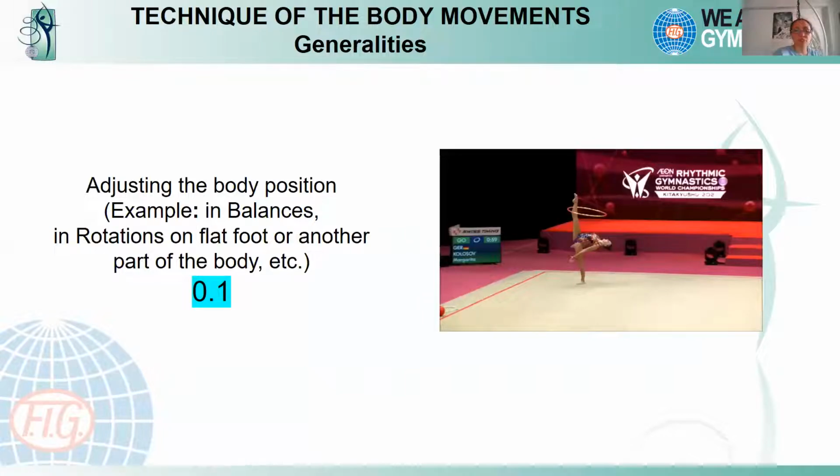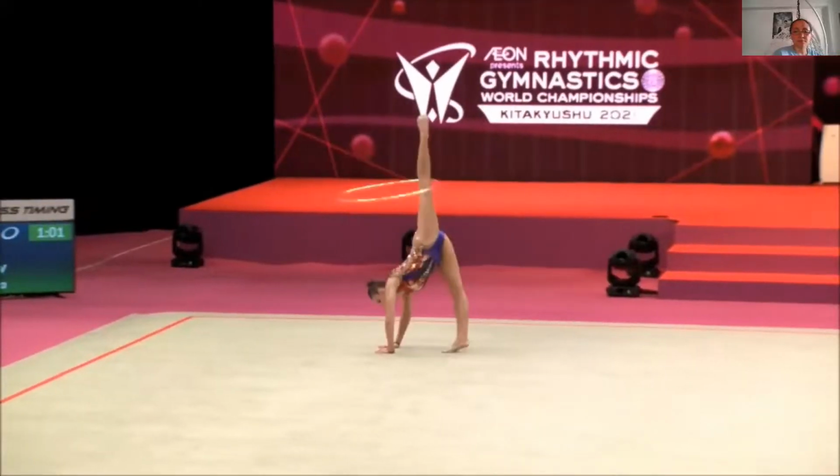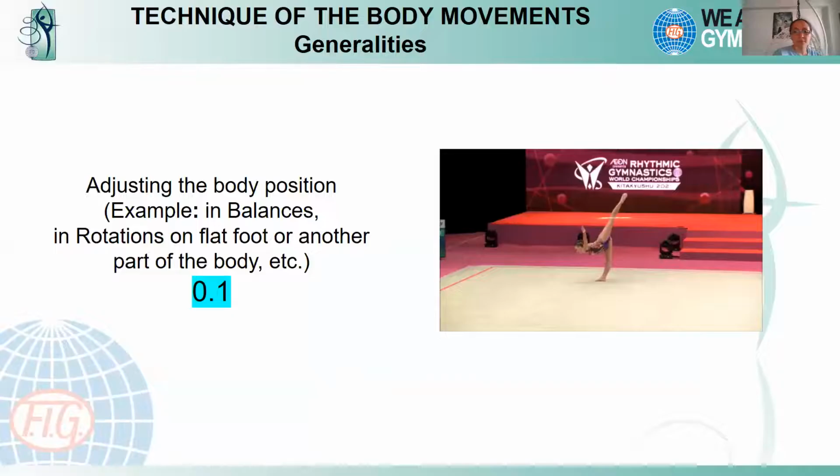Adjusting the body position. This is adjusting a body position. This is not support, because support means when she puts her hands down and then puts it again. This is support, but this is adjusting the body position in balances, in rotations, or another part of the body.